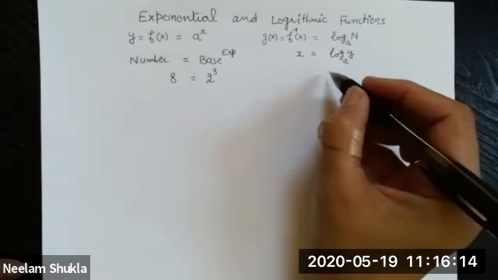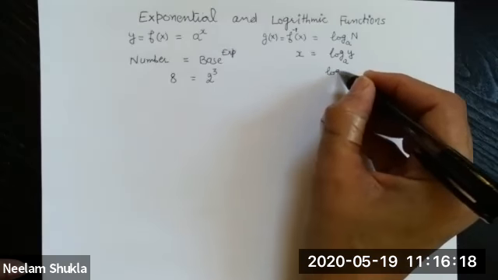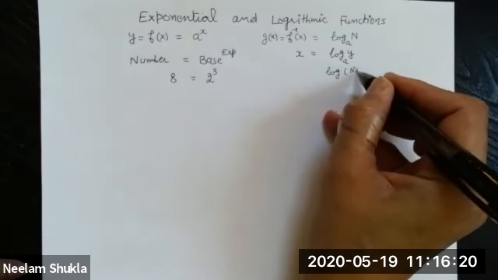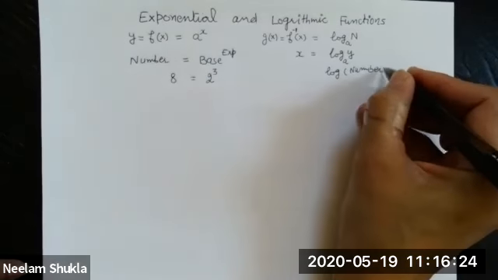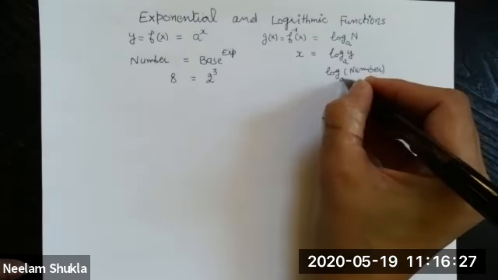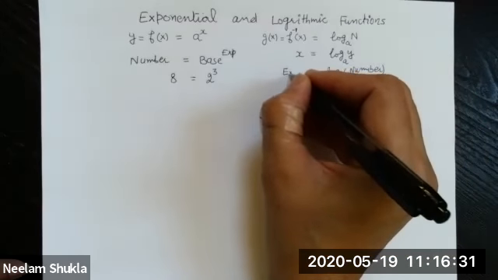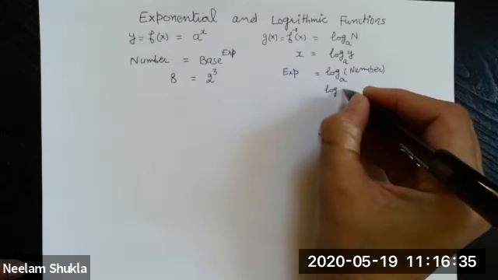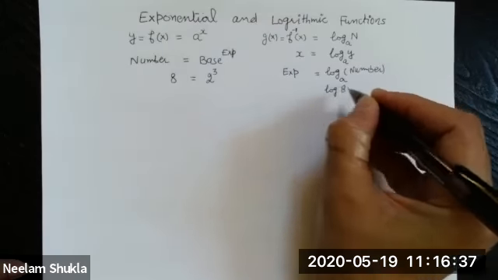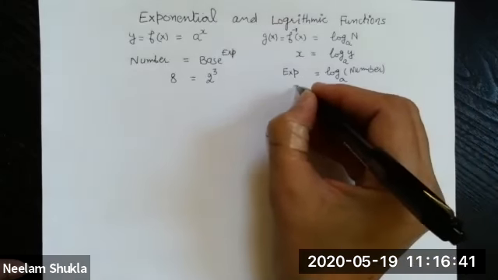And when you write the logarithmic function, log of that number which you had here in this expression with the same base should be equal to the exponent. That means log of number 8 with the base 2, answer should be 3.